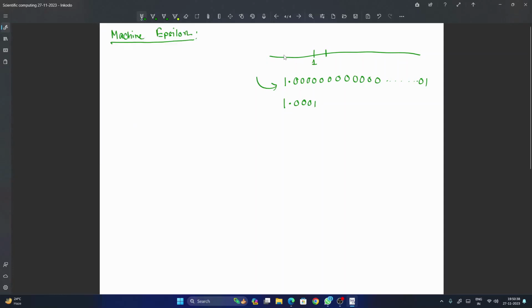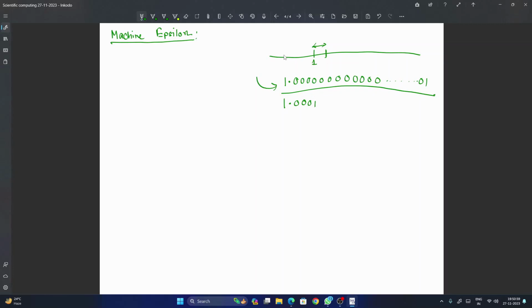So that's why machine epsilon is the gap between 1 and the value just after that. Suppose in your binary machine after the 1 it saves this number, then the difference from this 1 to that number is the machine epsilon. That means the gap between the numbers.